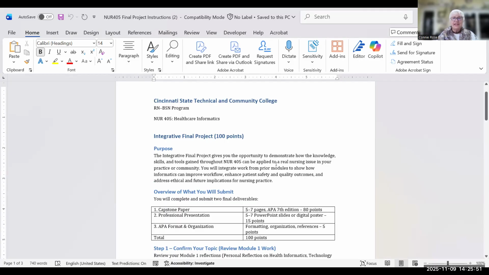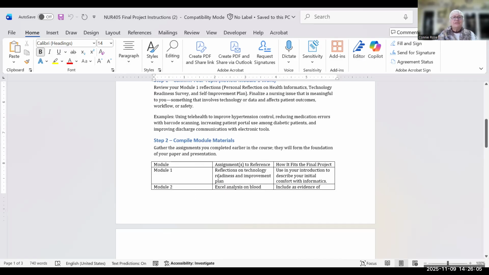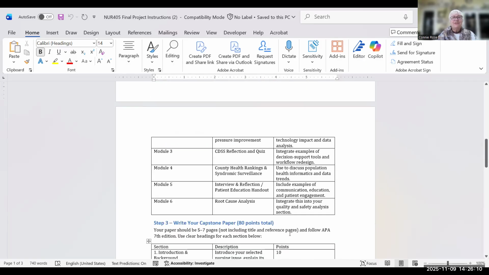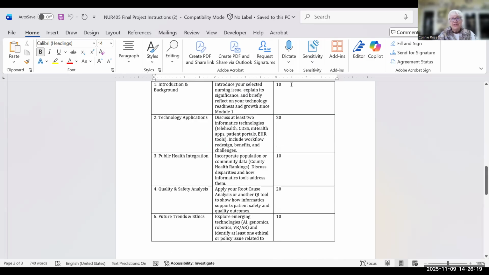So hopefully you've looked at this already, and you already have some parts of your paper done. And so you're going to look at information on module 1, 2, 3, 4, 5, 6, and also 7, because in the rubric or the paper description, you'll see future trends and ethics is also a section here.